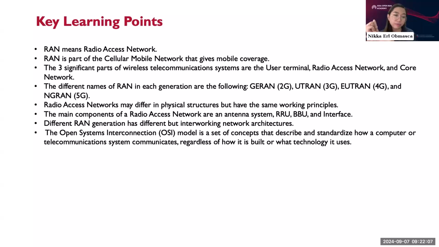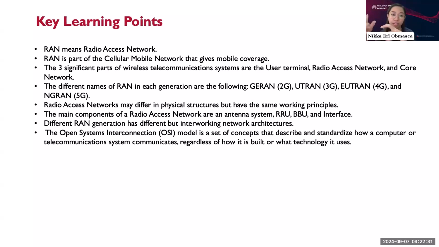There are also different names for different RANs in each generation. They have different names, but they work on the same principle. We have GRAN for 2G, UTRAN for 3G, EUTRAN for 4G, and NG-RAN for 5G. Radio access networks may differ in physical structures but have the same working principles.